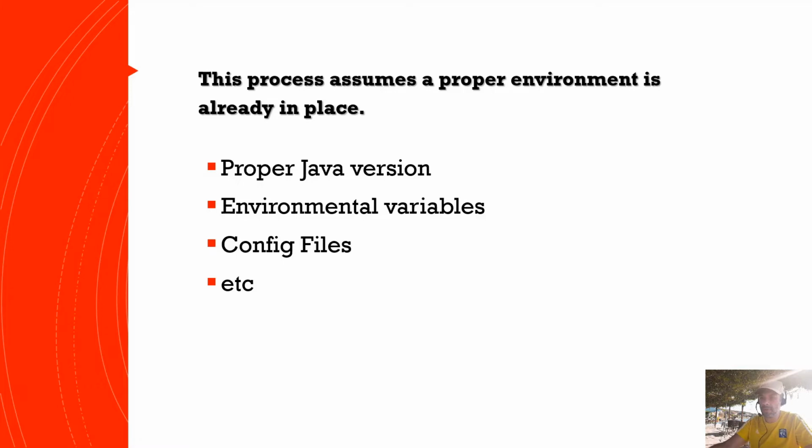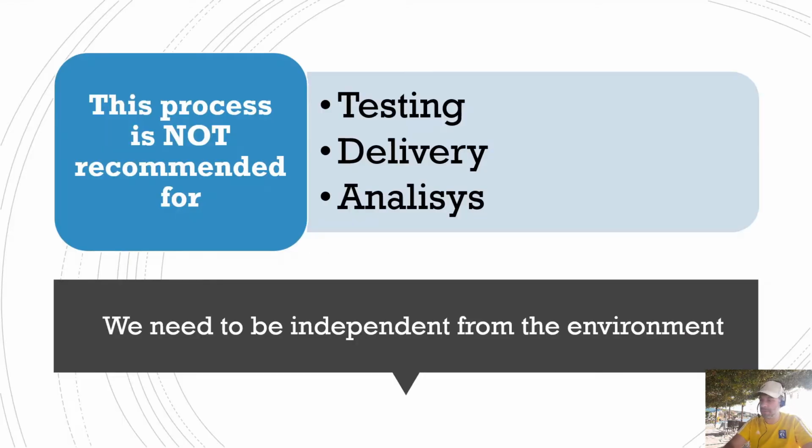Because this process assumes a proper environment is already in place. You need a proper Java version, the proper environment variables, config files, etc. So if I am, for example, a tester, or the receiver of a proof of concept made by someone I don't really know and don't interact with, I probably won't have this and will need to set it up, which will take time, create stress, and it's not going to be the optimal solution.